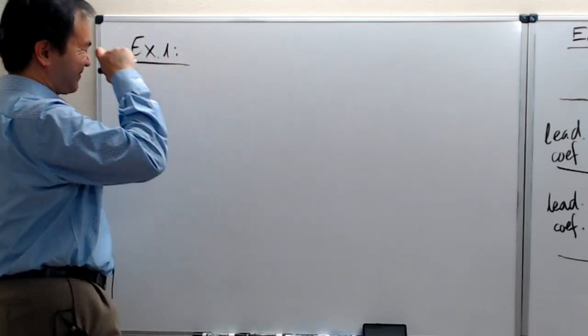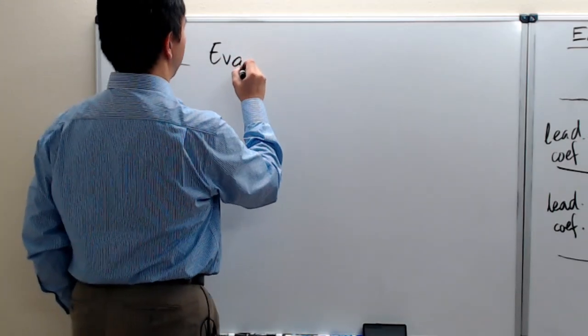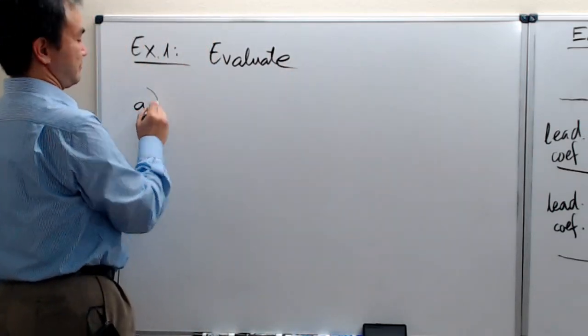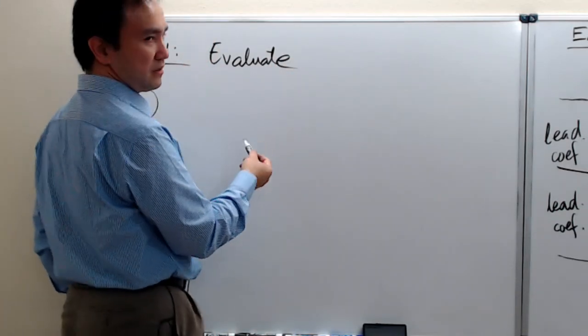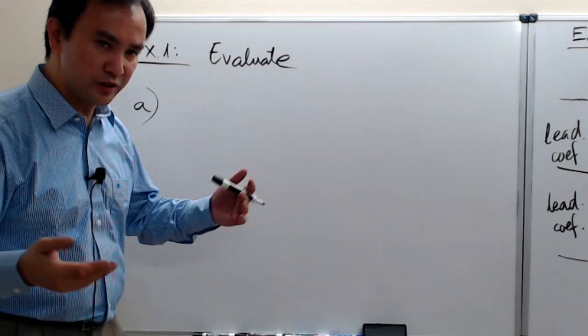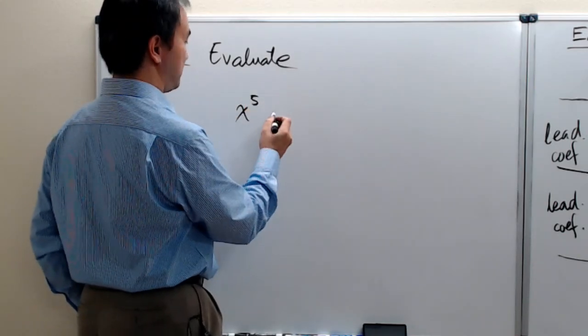Example 1. Let's evaluate. Okay, part A. In this one example, I can create about 3 or 4 little problems. So x to the 5th power minus 4x squared.